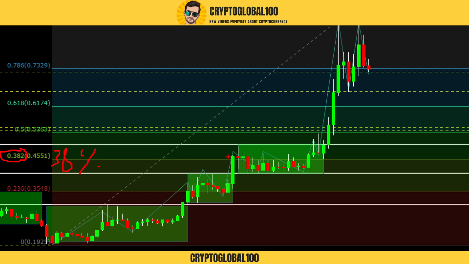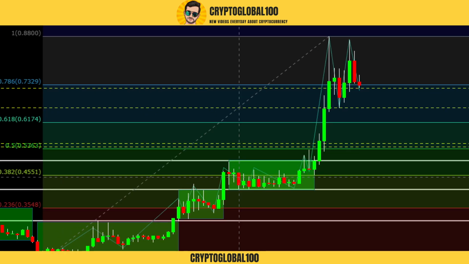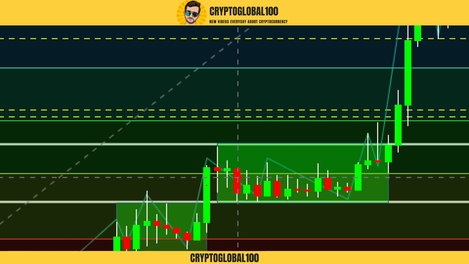If we closely observe the candles, you see they were consistently trying to test the 0.38 level and were rejected multiple times. Price went up, got rejected from the resistance, went down, again rejected from this base, then again tested and was rejected.